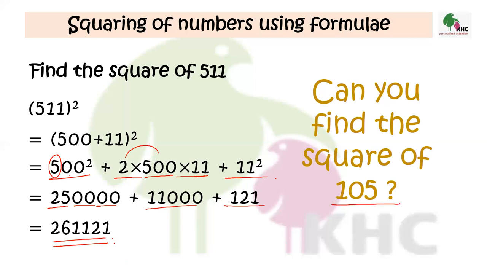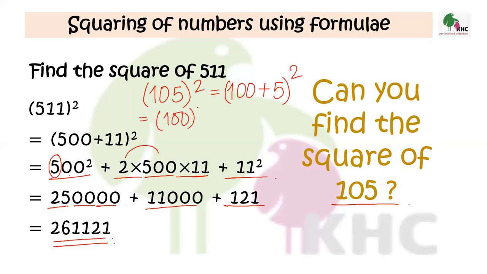Here they have given you 105. 105 can be written as 100 plus 5, right? After that, you know how to use the formula: square of first term plus 2 times first term times second term plus square of second term.